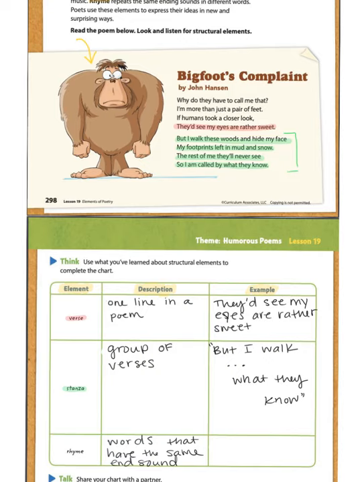So try to find an example of rhyme. One example of rhyme that I found was feet and sweet. Notice that the rhyme comes at the end of the verse.